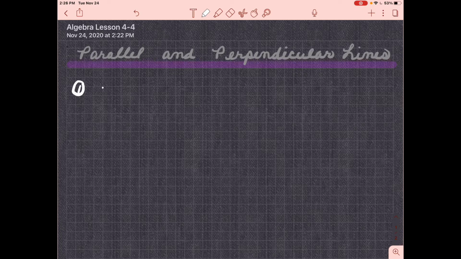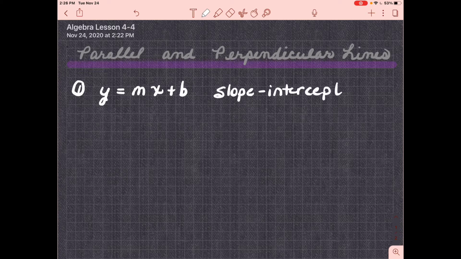So the first form we learned about goes like this: y equals mx plus b. It is called slope-intercept form, because we can see the slope and the y-intercept.